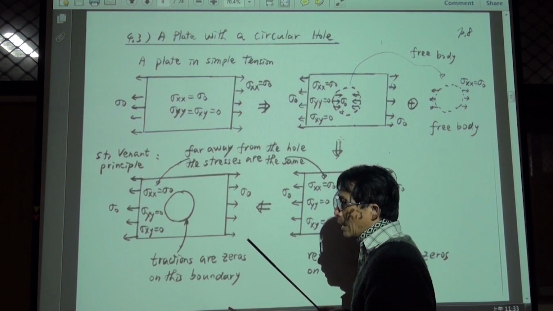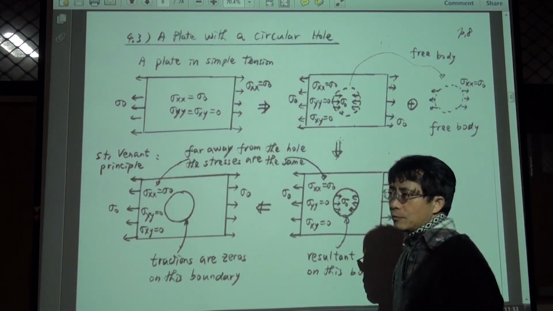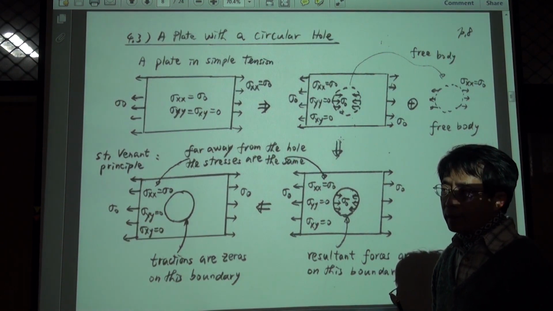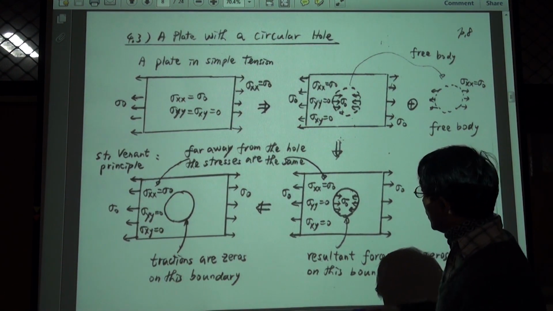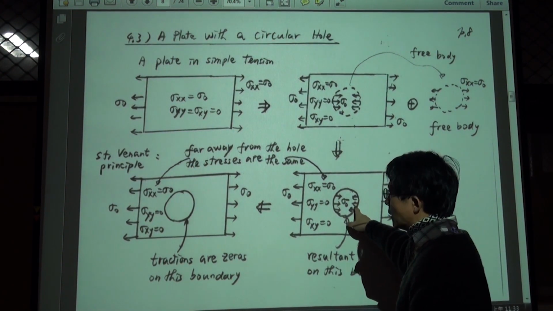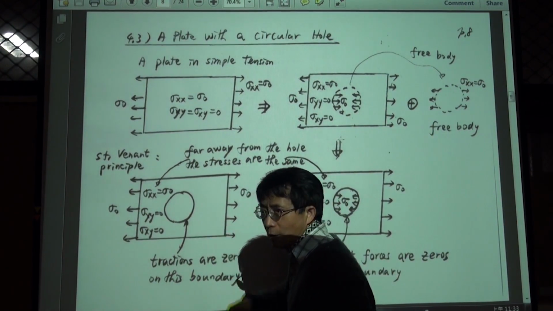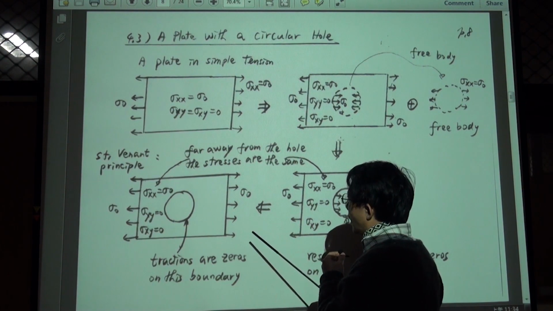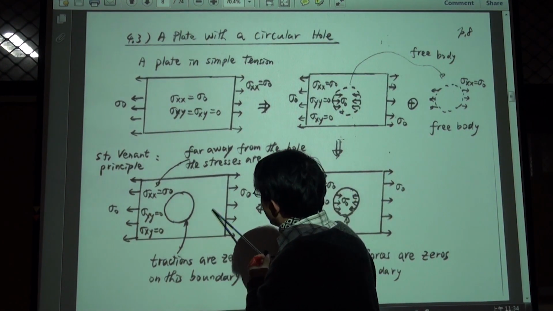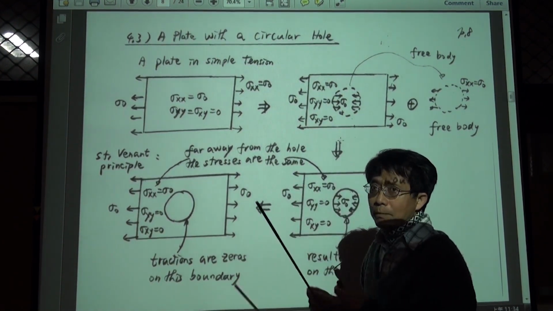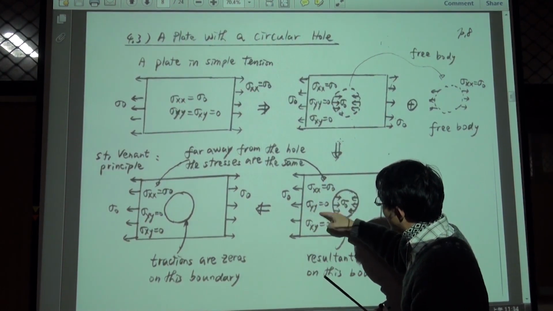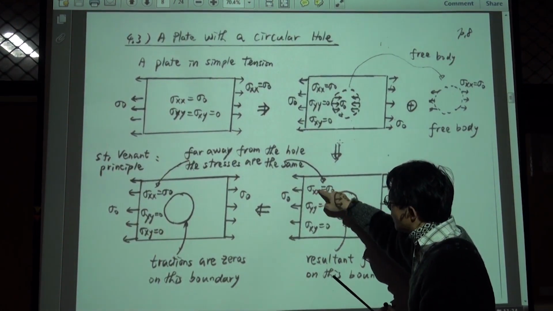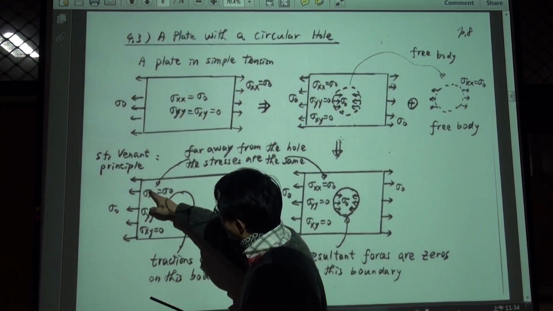So according to the Saint-Venant principle, because the resultant force here is 0, the resultant force here is 0, the stress state away from these boundaries will be the same. So the stress state here away from the boundary will equal the stress state here.